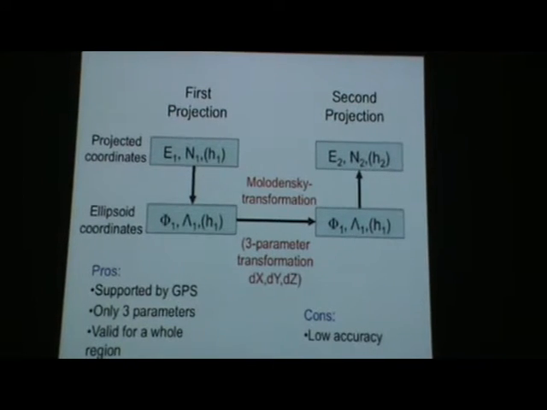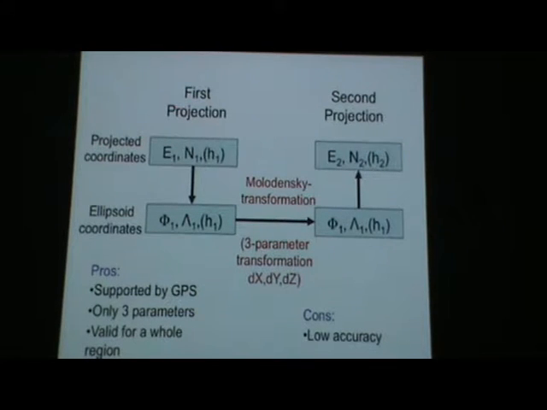This figure implies that the ellipsoid coordinate of one point on the surface is not unique. It depends on which geodetic system it belongs to. For example, the ellipsoid coordinate of this point is different in the Romanian national system and different in the WGS84 coordinates.